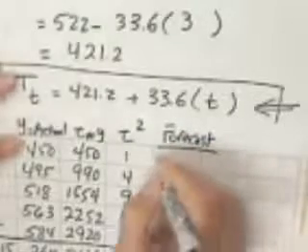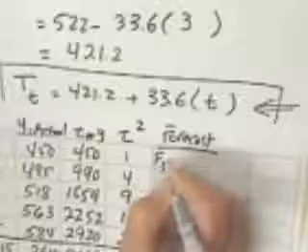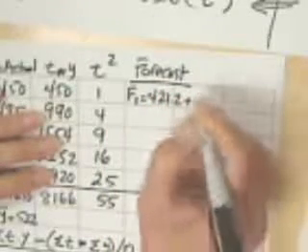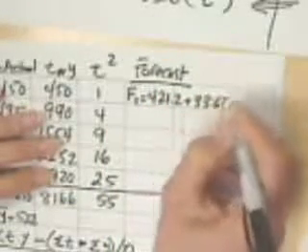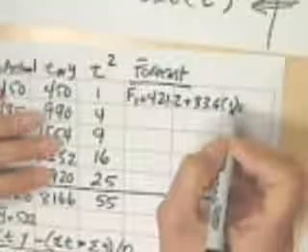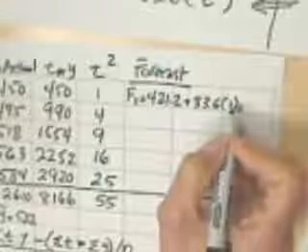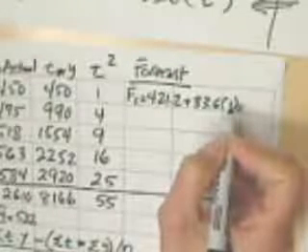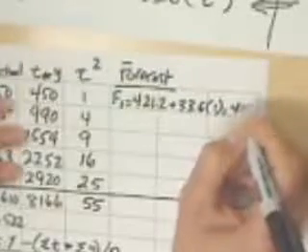So our forecast for time period 1 will be 421.2 plus 33.6 times 1. And that number will be 454.8.